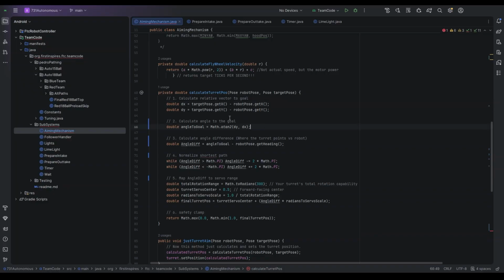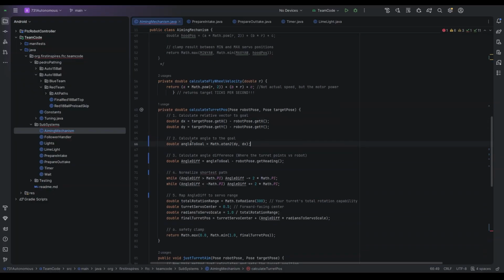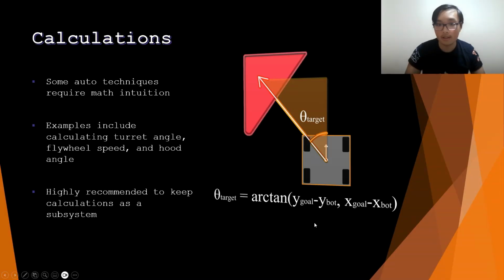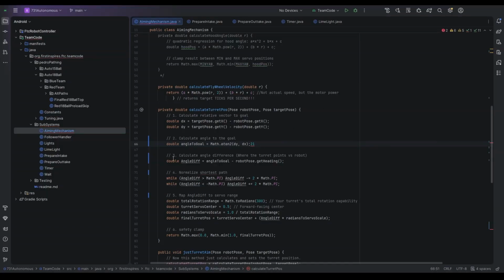And once we do that, we take the angle of it, which is just the arc tangent. If you look back at the slide, you can clearly see it here. Y goal minus Y bot, X goal minus X bot, arc tangent of that gets you the angle of your target. Now back to Android Studio.